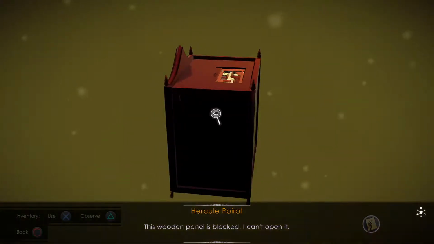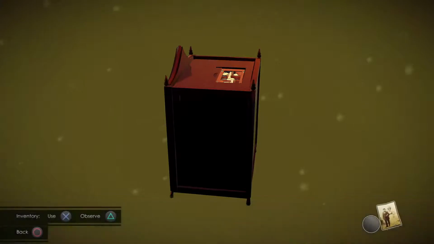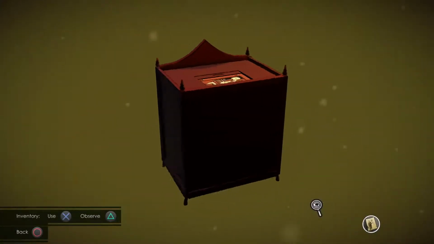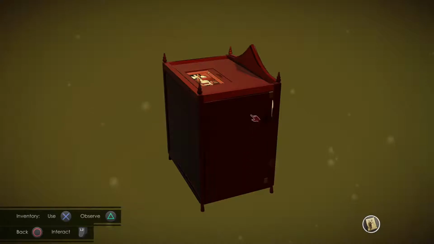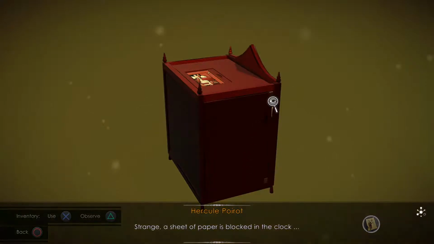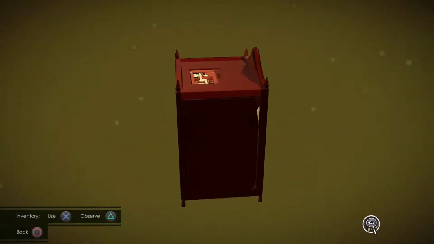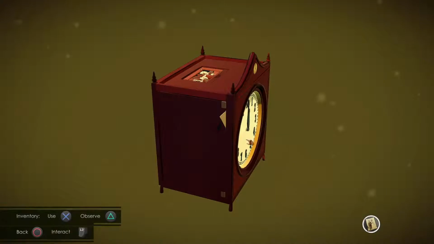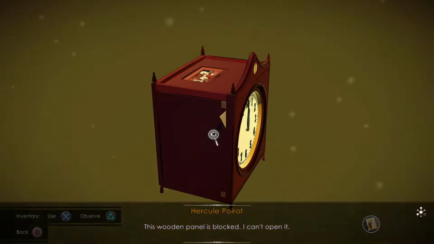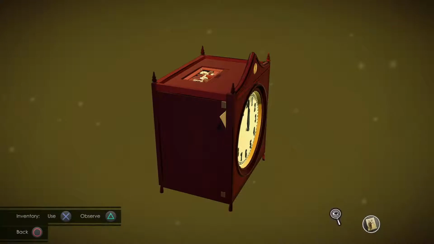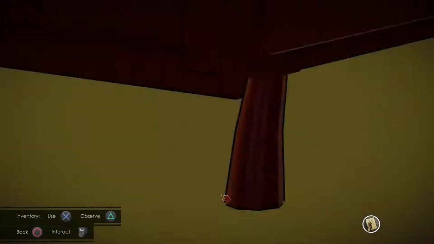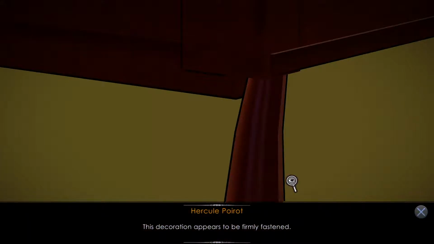Maybe the wooden panel will open now? This panel is blocked. Okay. Maybe this panel? Strange. A sheet of paper is blocked in the clock. This wooden panel is blocked. This decoration appears to be firmly fastened.